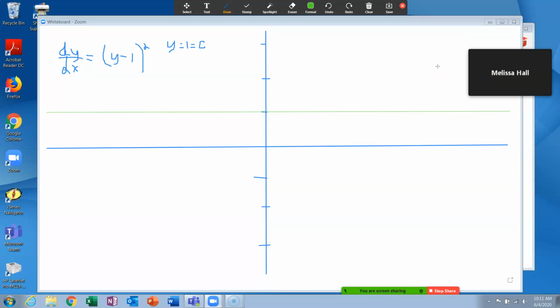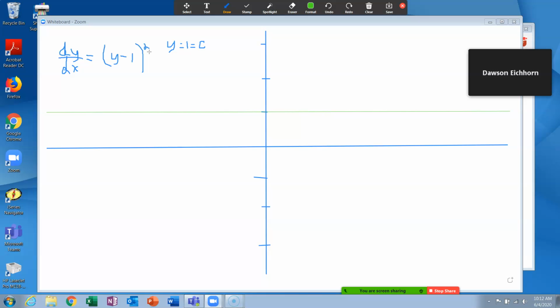Okay? Now, let's do what they call the phase portrait. What can you tell me about the slope up here? They don't color your arrows. They just have an arrow, so I'll leave it green. What's going to be your slope above y is equal to 1? What's the slope? Guess what?